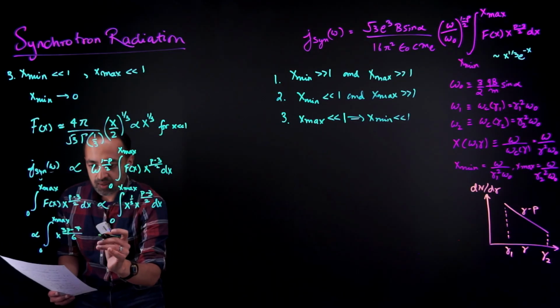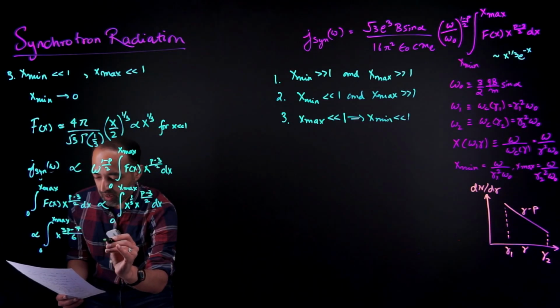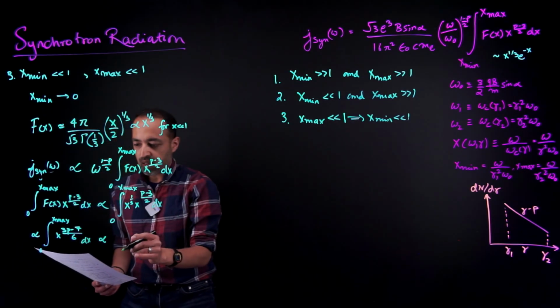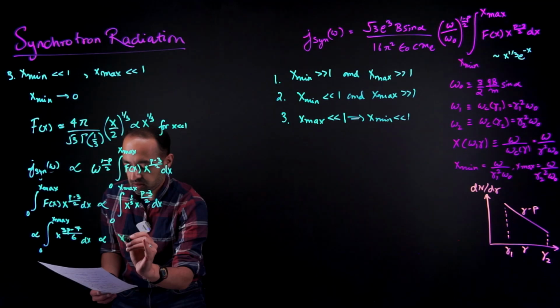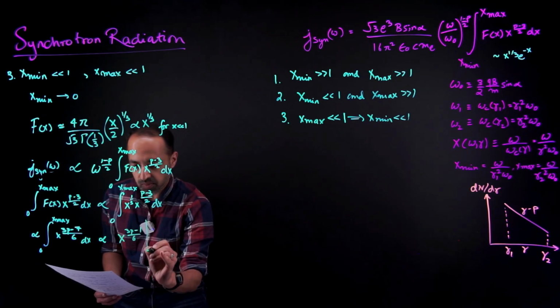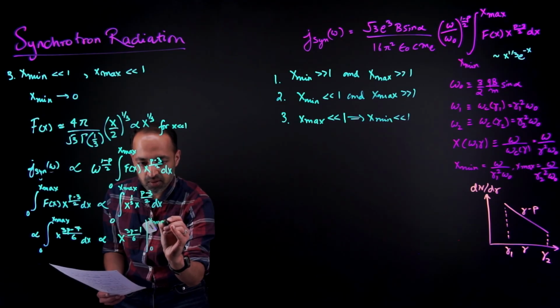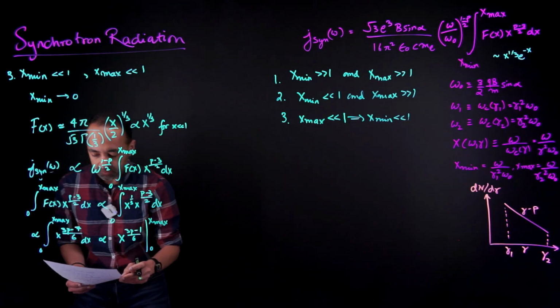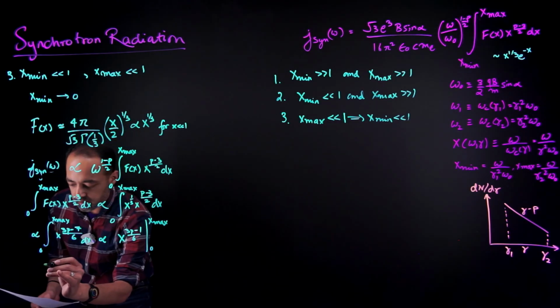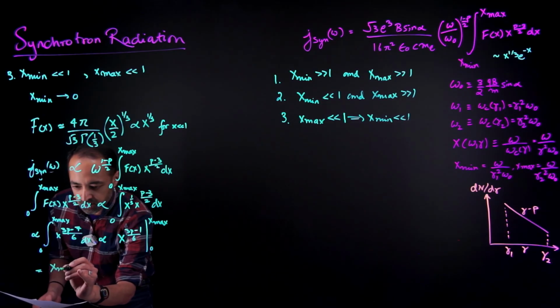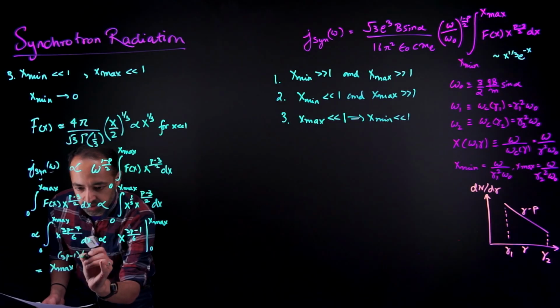And so now you can integrate this. So that is going to be proportional, so dx. And now we can do this integral, and so this gives us x to the power of 3p minus 1 over 6 from 0 to x max. Okay? And then this is going to be equal to x max to the power of 3p minus 1 over 6.